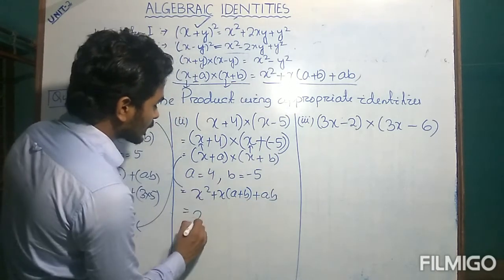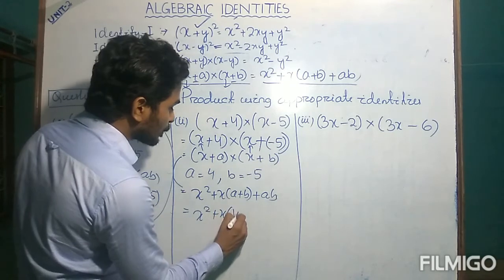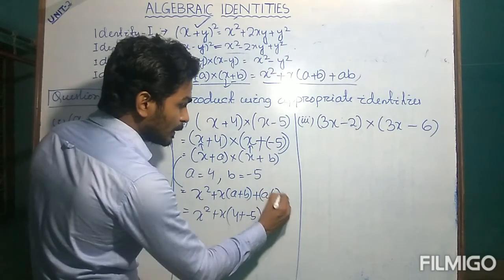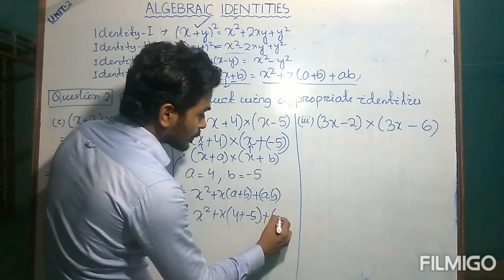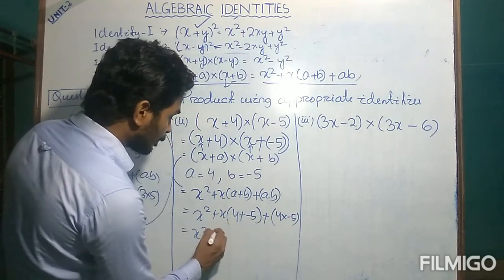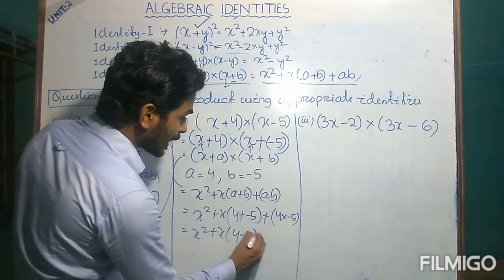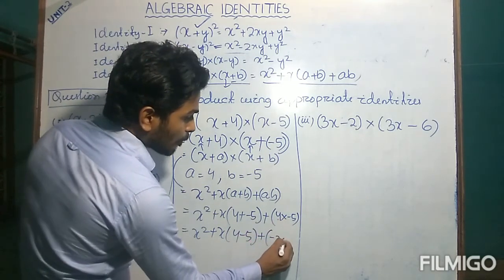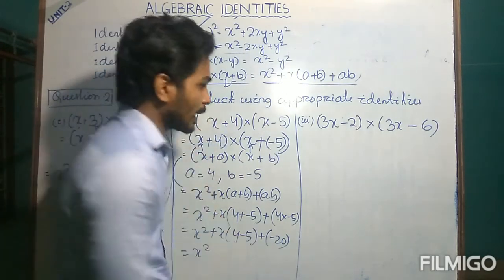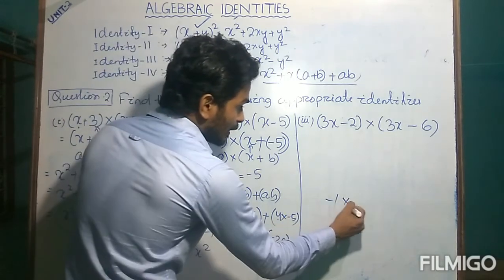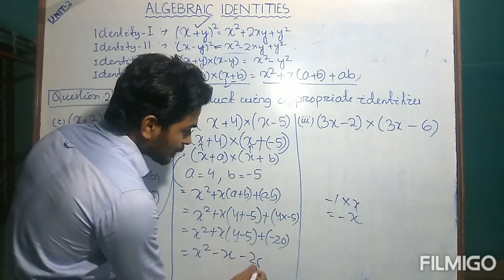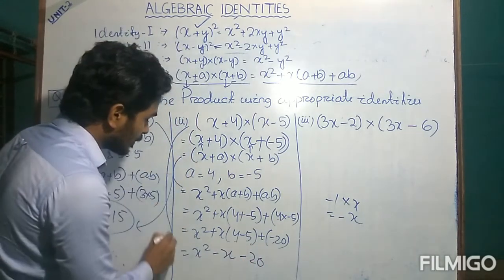So x square plus x, in the place of a put 4, in the place of b put minus 5, this should be in brackets, plus a into b, that is 4 into minus 5. So x square plus x times (4 plus minus 5), and 4 into minus 5 is minus 20. Hence the final answer is x square, 4 minus 5 is minus 1, and minus 1 into x is minus x. So I am writing directly minus x, plus minus 20. And this is our answer.